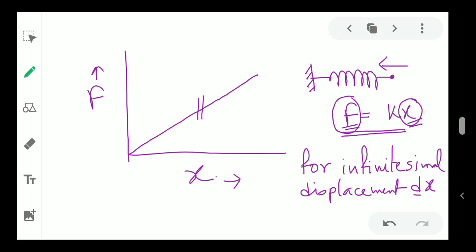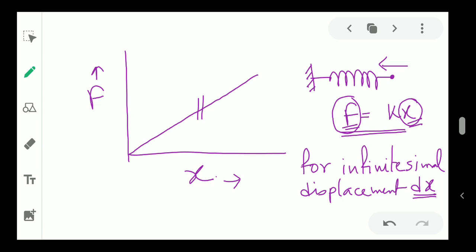I told you dx is actually a very small x. When you take something so small, smaller than you can think of, we use d. This is a differential displacement, so it is a small displacement.